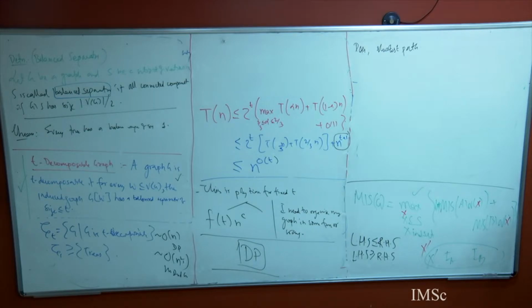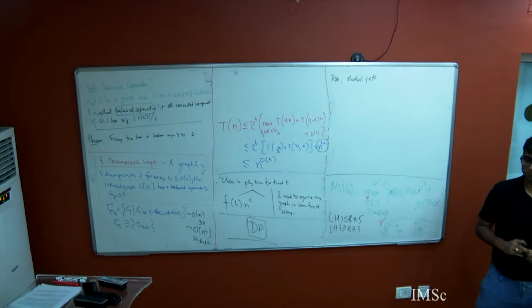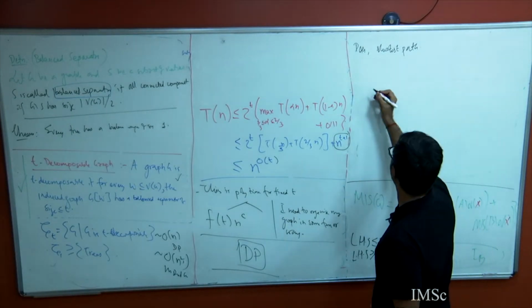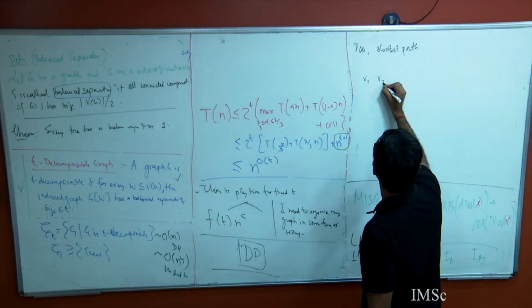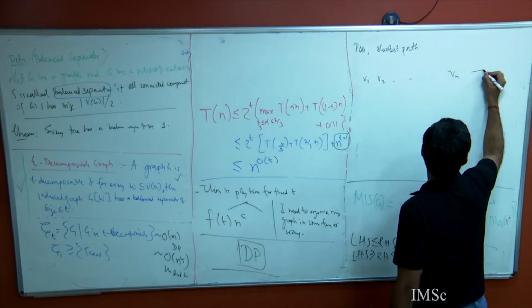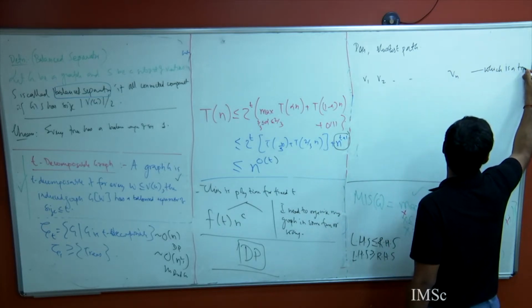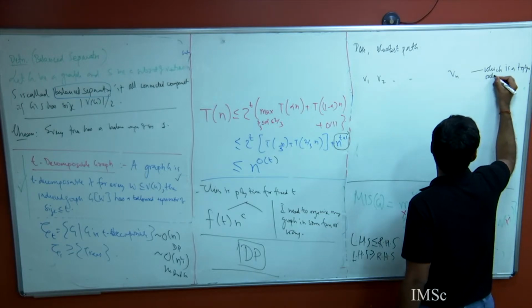I want to do dynamic programming, not interested in DFS, BFS. Okay. So what he's suggesting us to do, suppose we have V1 to Vn, which is a topological ordering. Okay.